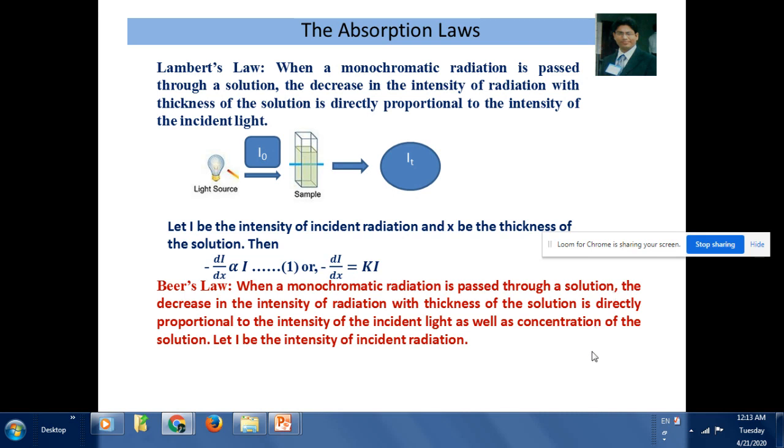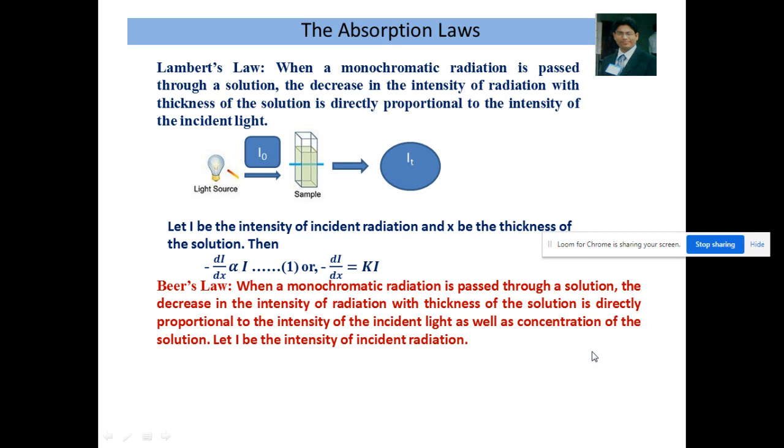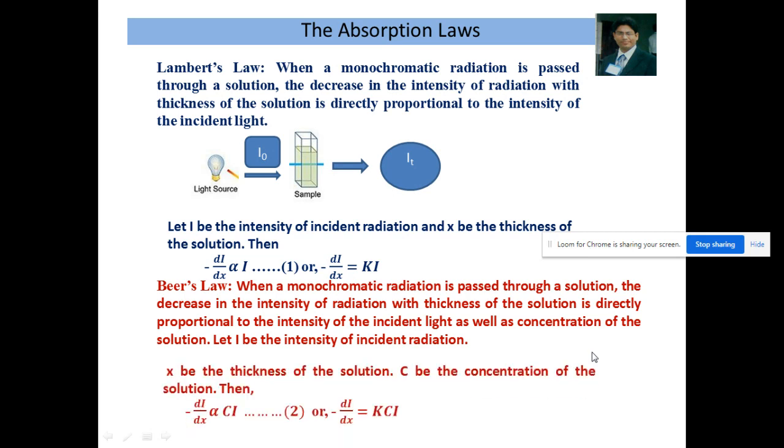Let I be the intensity of the incident radiation, x be the thickness of the solution and c be the concentration of the solution, then minus dI by dx is proportional to c into I. That is, minus dI by dx is equal to k c into I.